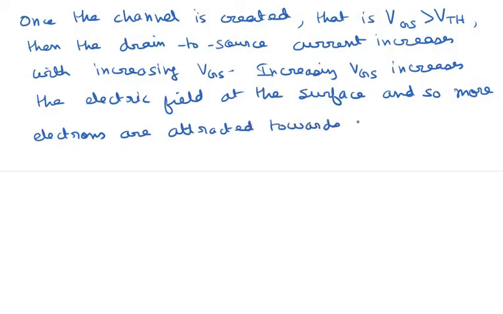So the inversion layer now contains more electrons, and that increases the conductance of the inversion layer, or the conductance of the channel. Okay, so it basically makes the inversion layer stronger.